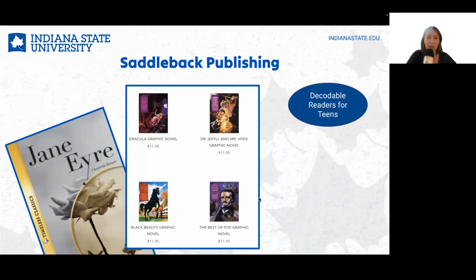Saddleback Publishing does a really nice job with creating these decodable readers for students who are in middle and high school. It does not look babyish or immature. It's nothing that they would be embarrassed to be caught reading or carrying. They even have the classics in graphic novels or in written all the way down to 2nd or 3rd grade text. They're also called high-low books, so high interest, low Lexile.